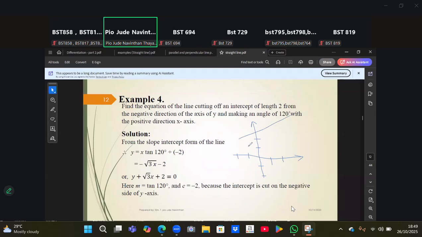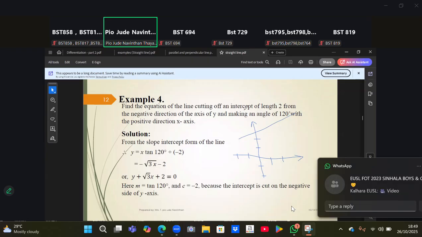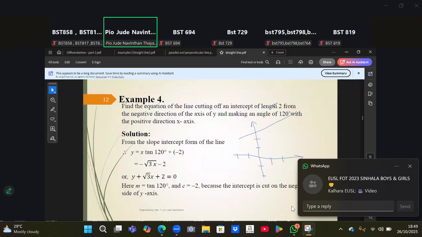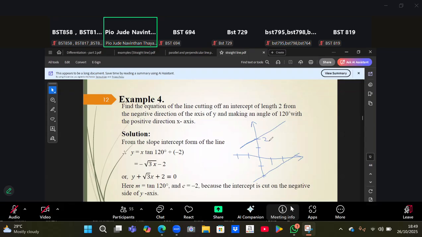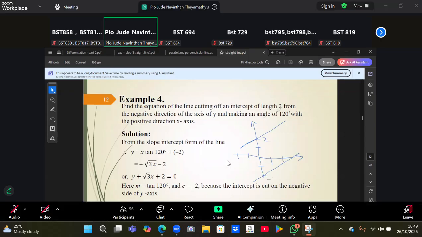They are giving the line an intercept of length 2. So length 2 means that the line passes through this 2 or this minus 2. Understand clearly? The length 2, no?